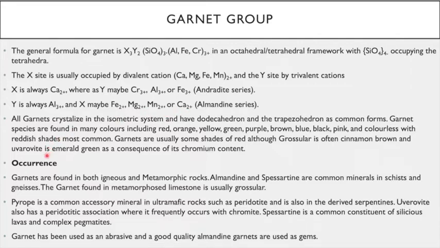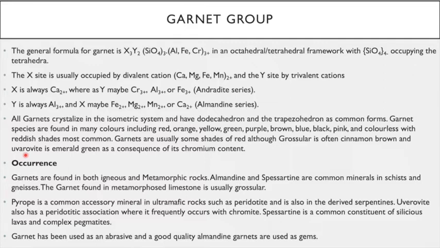All garnets crystallize in the isometric system and have dodecahedron and trapezohedron as common forms. Garnet species are found in many colors. As I told you earlier, almost all colors are present in garnet except for blue. So the colors include red, orange, yellow, green, purple, brown, black, pink, and colorless, with reddish shades most common.